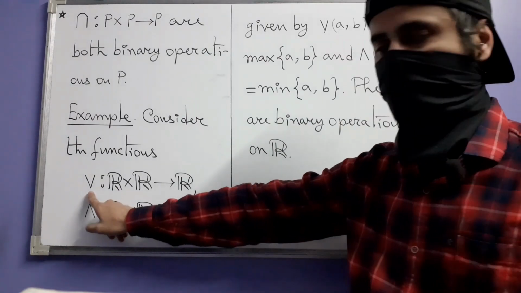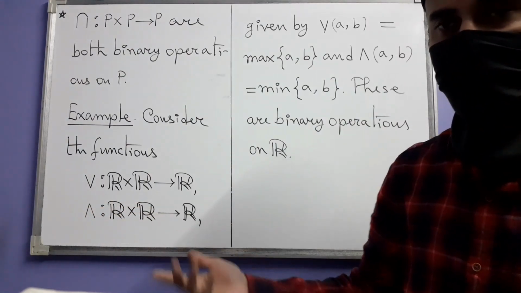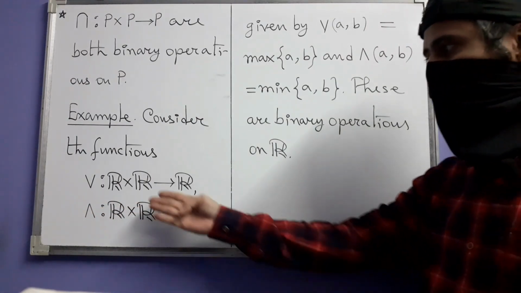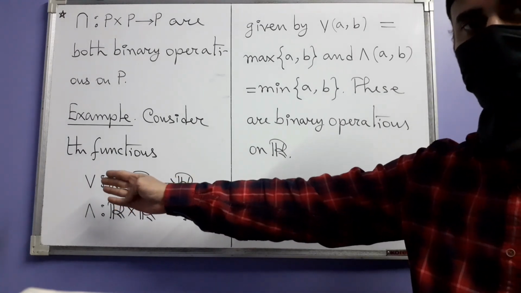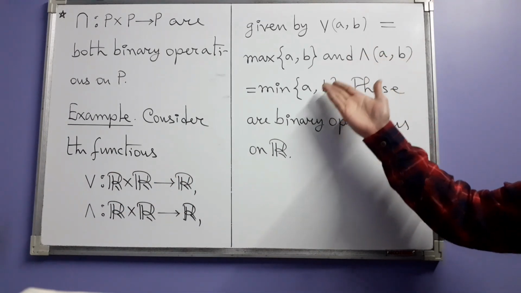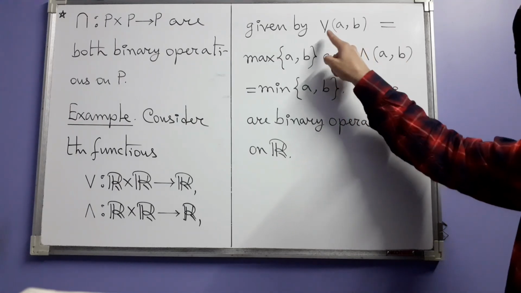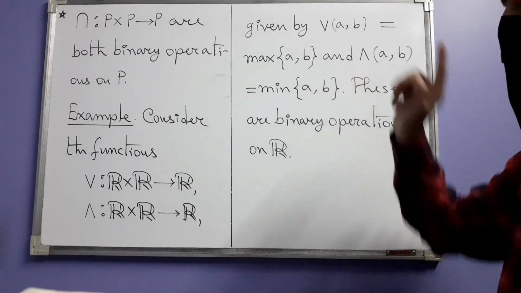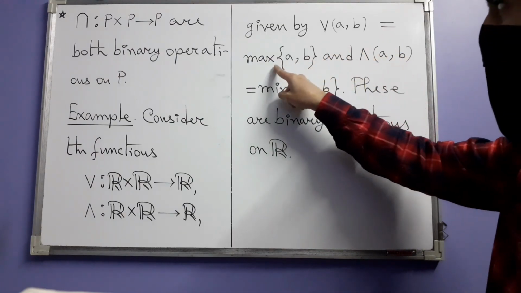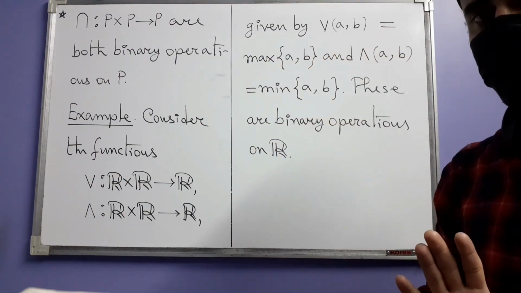Next we have these less common binary operations on R. This function, you can call it V because it looks like V, and you can call this one wedge. They are also functions, each one of them a function from R times R into R, and their definitions are this. The V value of a comma b, where a and b are real numbers of course, is the maximum between a and b.